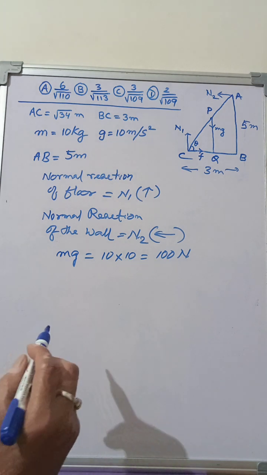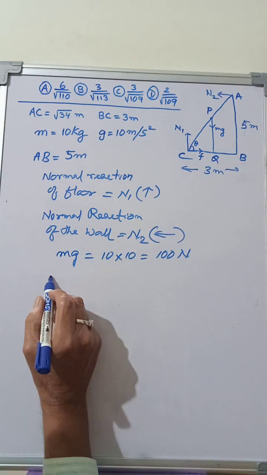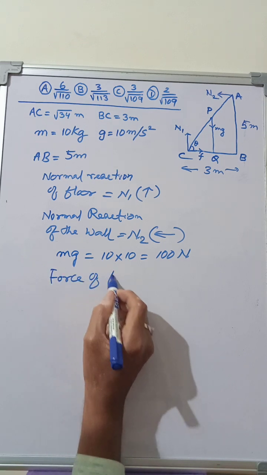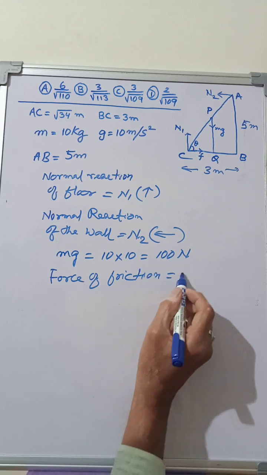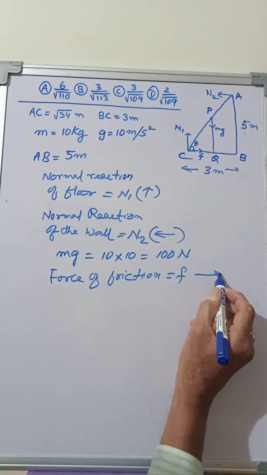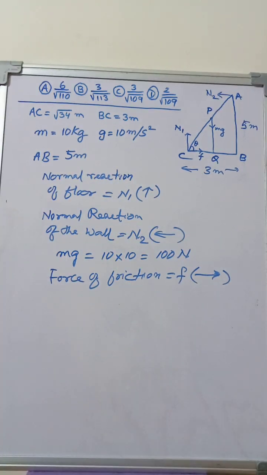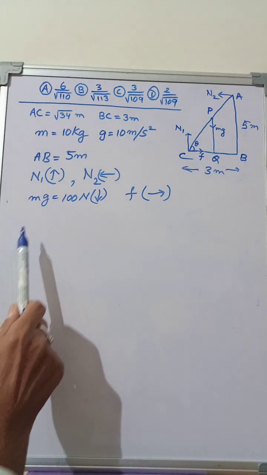Force of friction acting at C towards right is equal to F. Now we'll assemble everything here and remove everything else. So we have assembled the data.